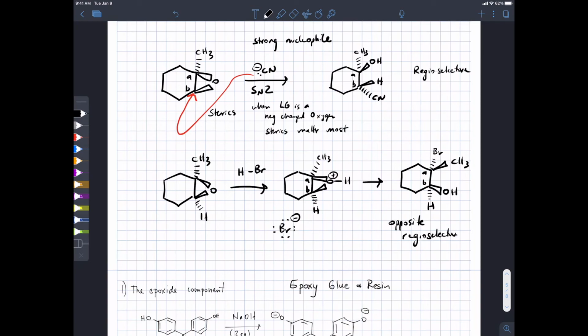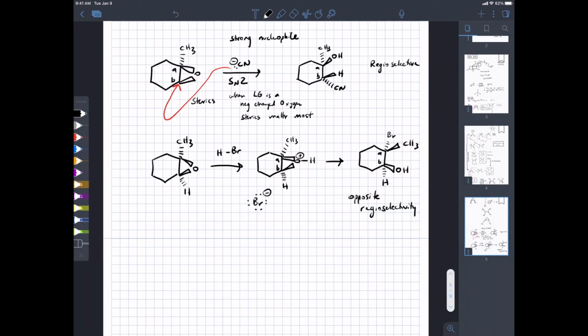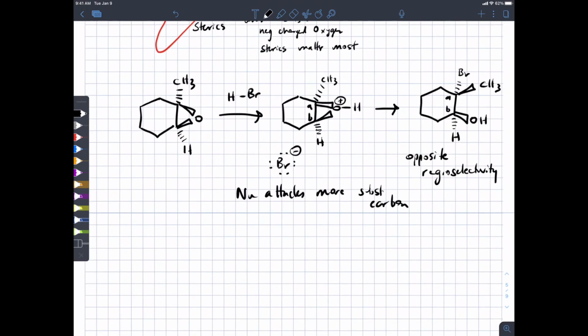In this case, the nucleophile reacts in such a way that you form the bond with the more substituted carbon. Okay. So let's try to rationalize our way around that.